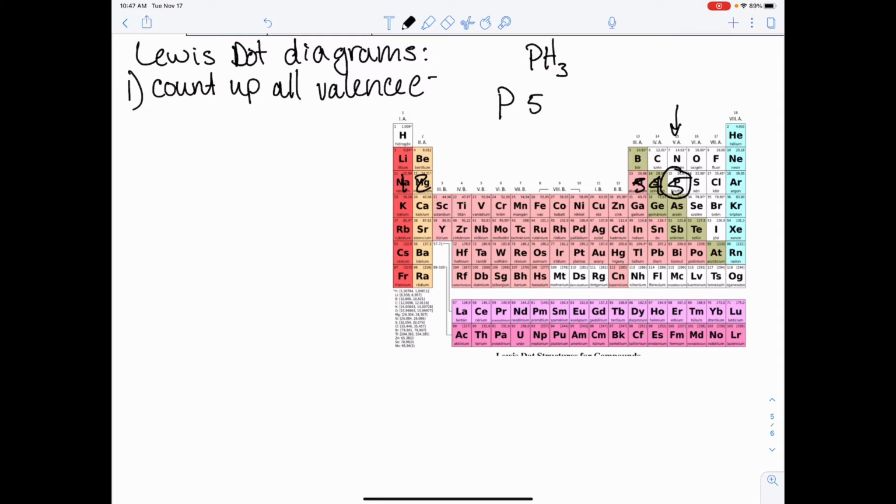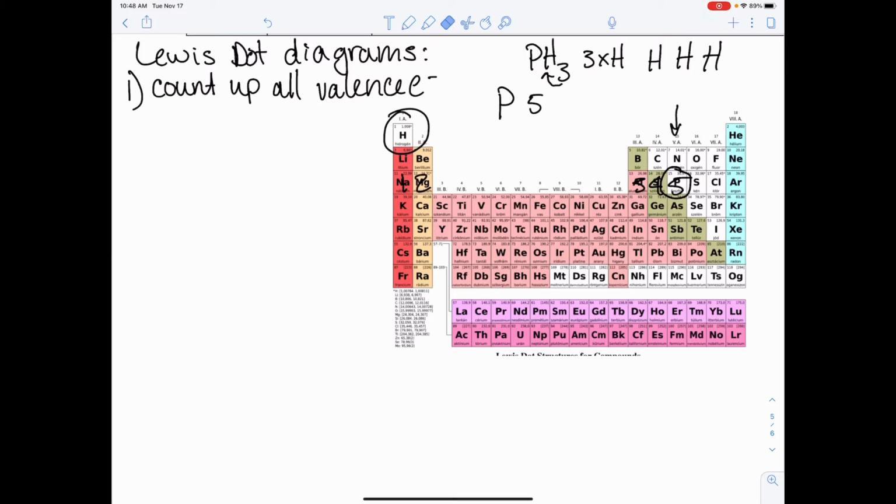And this 3 right down here is like in math. It relates to the element just to the left. So this 3 means that I have 3 hydrogens. So it means that I have H, and H, and hydrogen is over here, and it only has 1 valence electron.